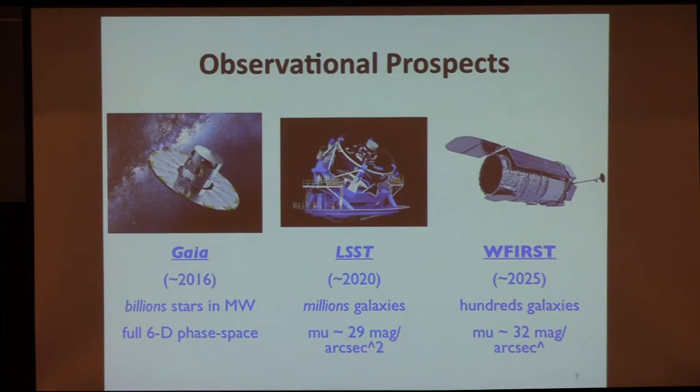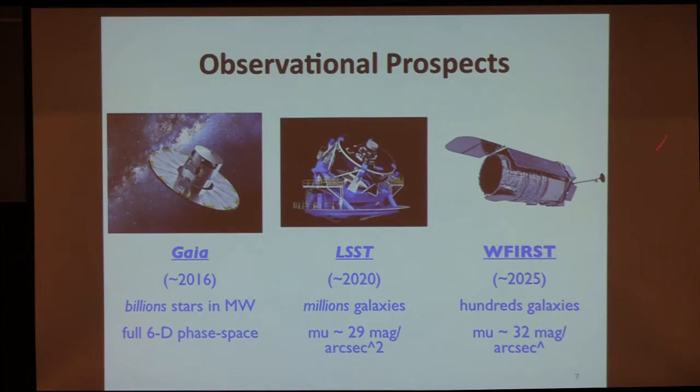So this is not as deep as the images I showed you for the Milky Way and Andromeda. But nevertheless, it's deeper than is standard today, and we'll be able to get these images for millions of galaxies. So using this, we will be able to go beyond just the Milky Way and Andromeda and start looking at small accretion events, the tiny tail of hierarchical structure formation for millions of galaxies.